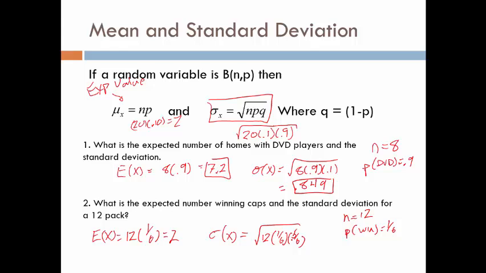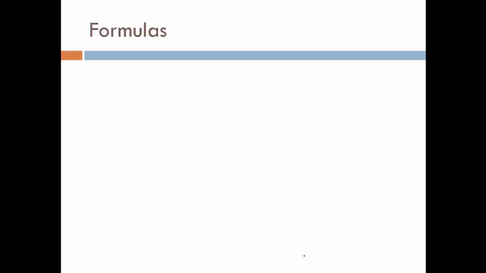So that's going to be approximately 1.29. So 68% of 12 packs will have between 1 and 3 winning caps. 95% will be between basically 0 and 4 winning caps, if we go up and down about 1 standard deviation using our empirical rule.